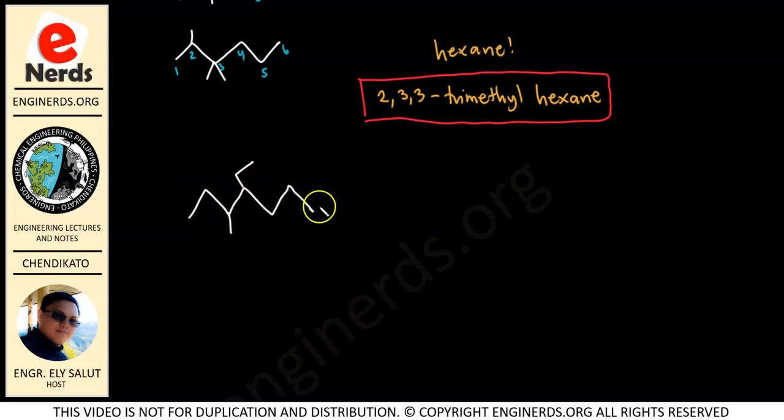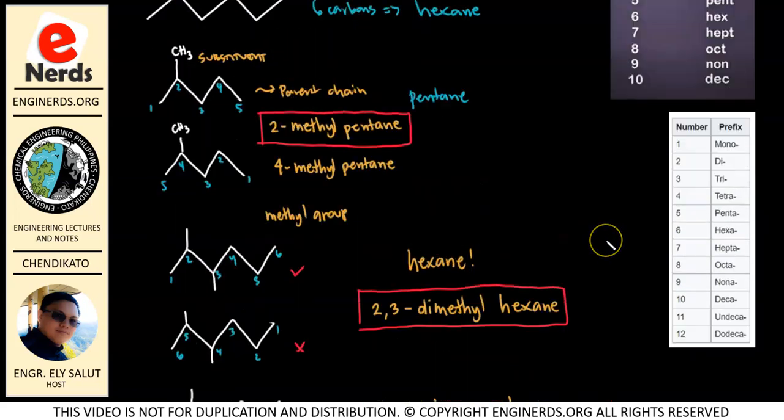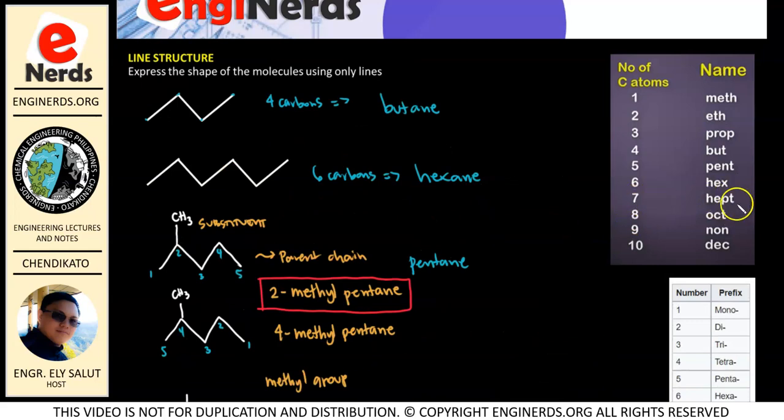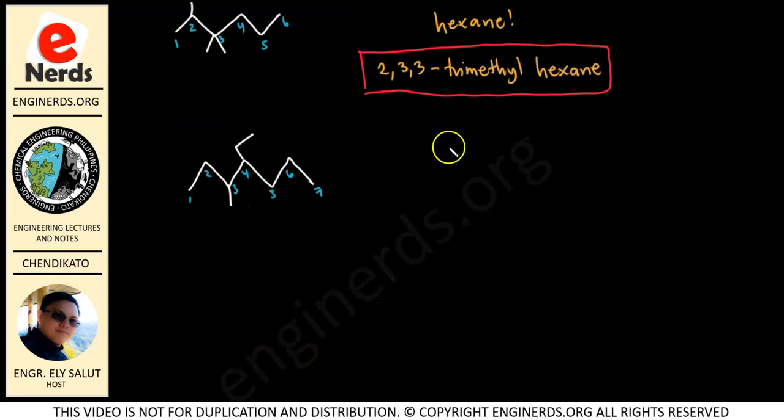We have 3 and 4, and in here we have 4 and 5. Okay? So we will be counting from left to right. We have 1, 2, 3, 4, 5, 6, 7. So we have 7 carbons in our parent chain. Therefore, we will be using hept. So this is actually an heptane.